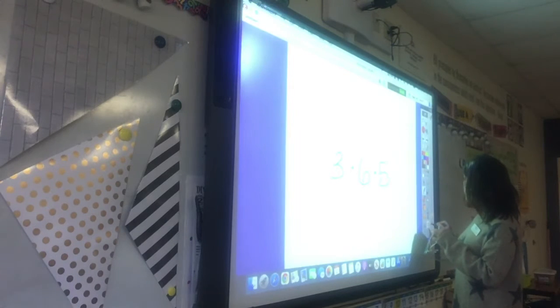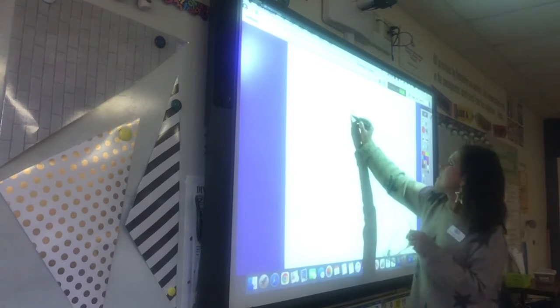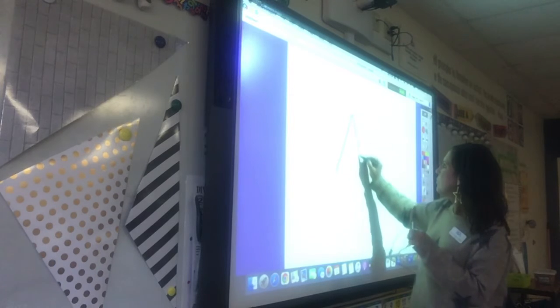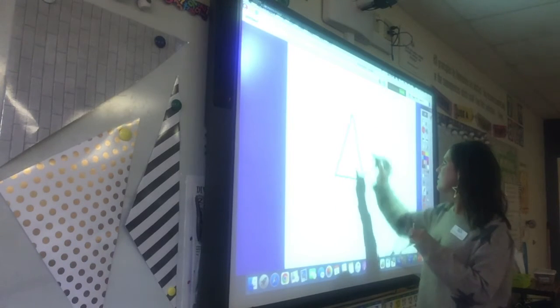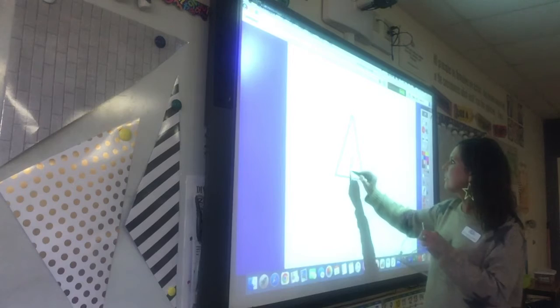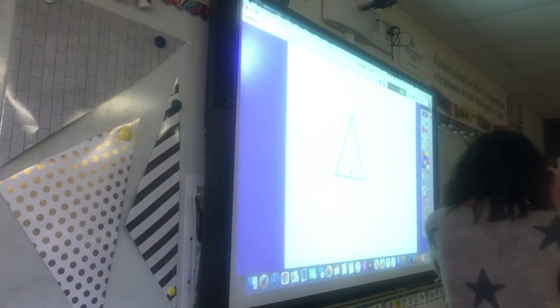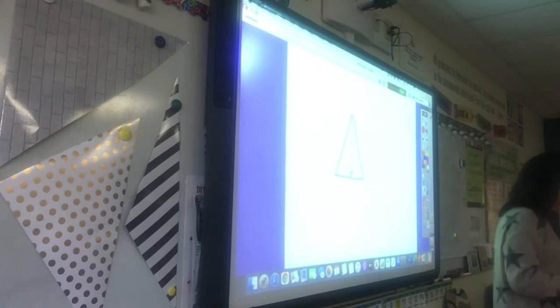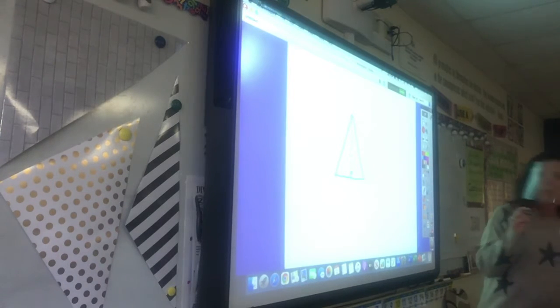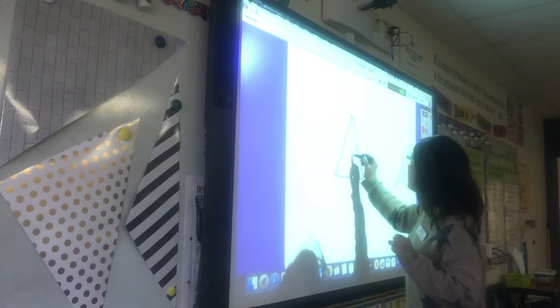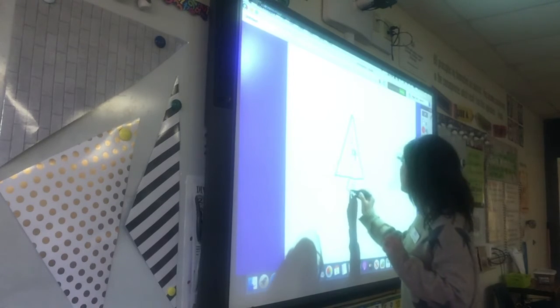So let's put this example in your composition book. So we'll draw a triangle. We'll draw the kind that the height's inside it. So the height's going to be right inside here. Okay, so this is 9, and this is 6.